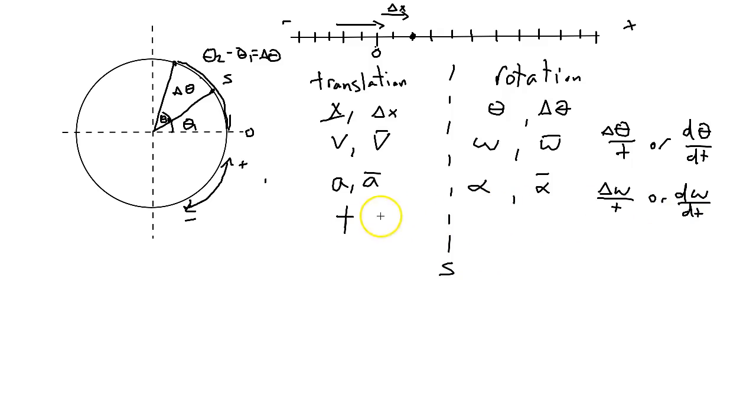And then time, of course, is going to be a scalar. It applies to both scenarios. So here's the comparison, and we'll focus on all of these. And there's a tool that we can use to relate position or displacement and angular displacement, velocity and angular velocity, acceleration and angular acceleration. And we're going to focus on that next.